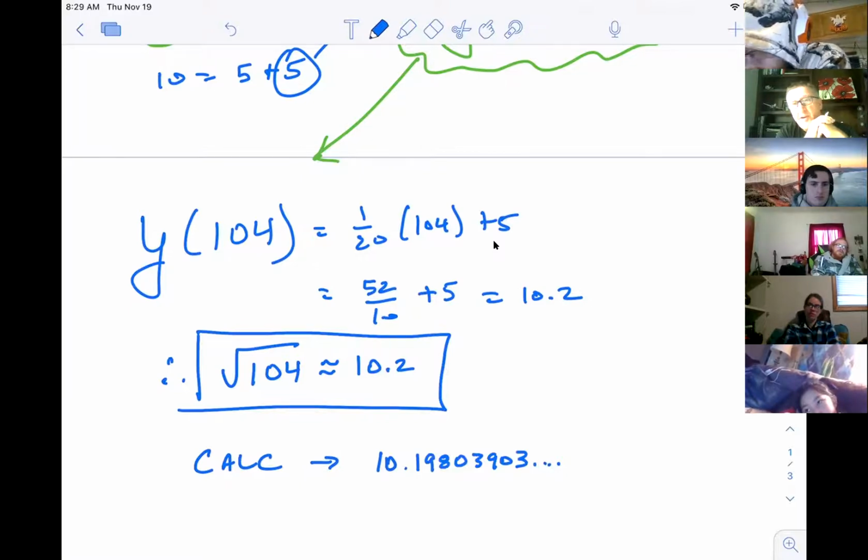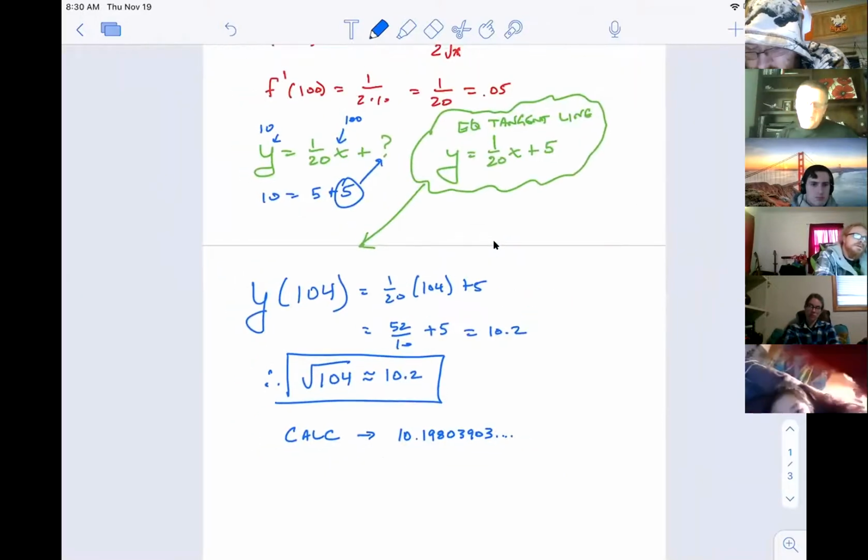So no one's in a contest to see who can get the square root of 104 the most accurate. But pi, there's a race, and it's huge, the number of decimal places. And of course, there are people trying to memorize it to the most decimal places and so forth. But you can't write down the square root of 104 without saying approximately. It's impossible.